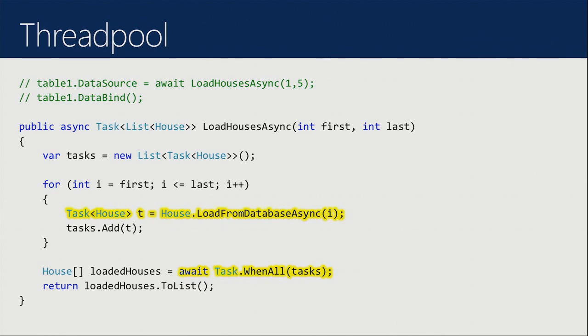It takes a bunch of tasks and returns another task that reports complete when all of the ones you passed in are complete. Okay? Then you await that. That means when you have waited task.whenAll of the tasks you started, then that means they're all done. 100 milliseconds have passed or something like that. Then you just grab those houses and you return them, and you're done. Async method. Super simple. No thread pool, no nothing.